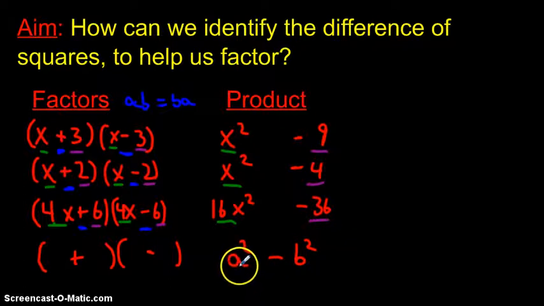So the square root of a squared is a, and the square root of b squared is b. Alright, and that's true. So this is like our rule. Okay? So this is how you factor the difference of squares.